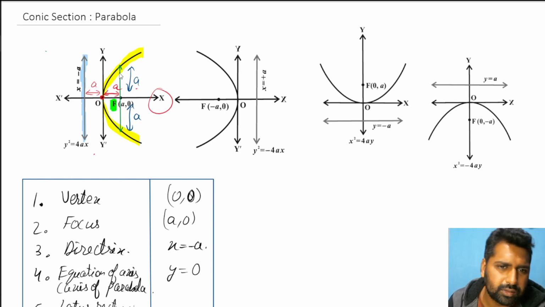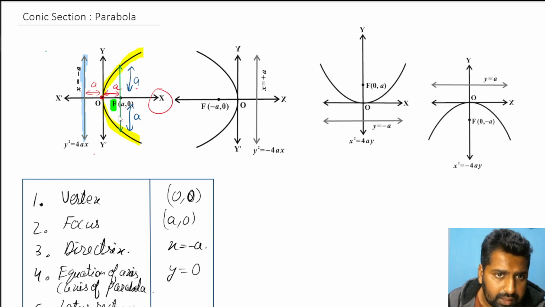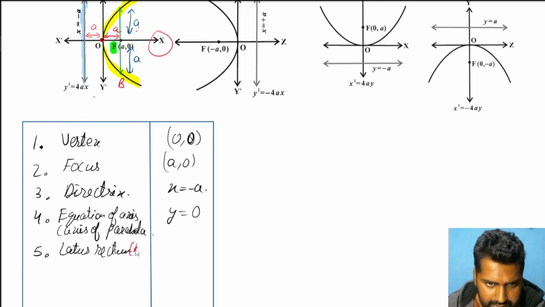So a is the distance of vertex and focus, a is the distance between vertex and the directrix, and a is also the distance between the focus and this point just perpendicularly above the parabola and below also. If I call these point A and point B, this latus rectum is AB.